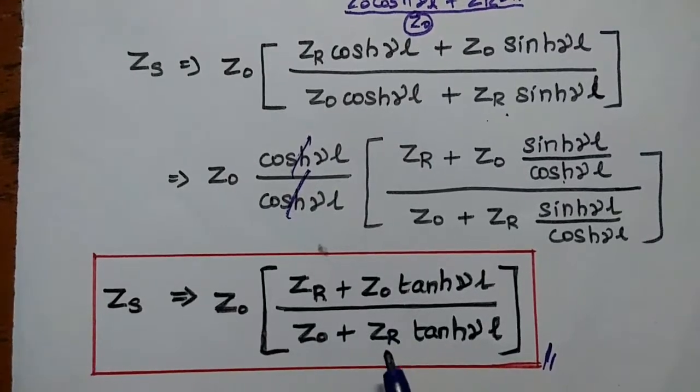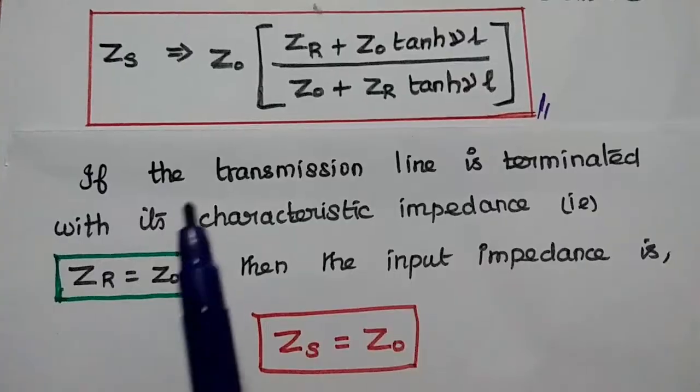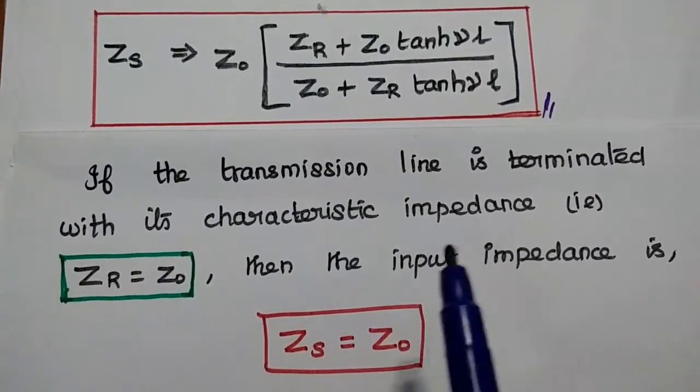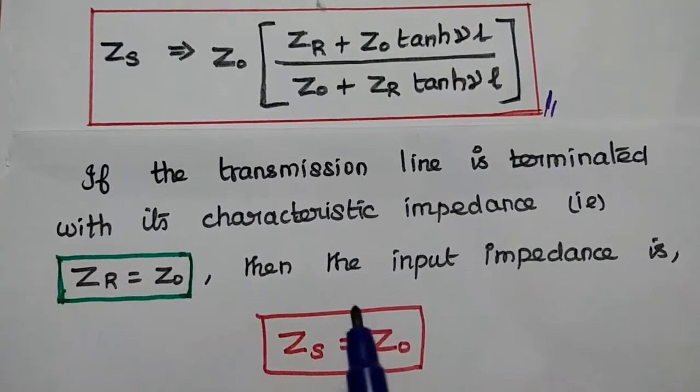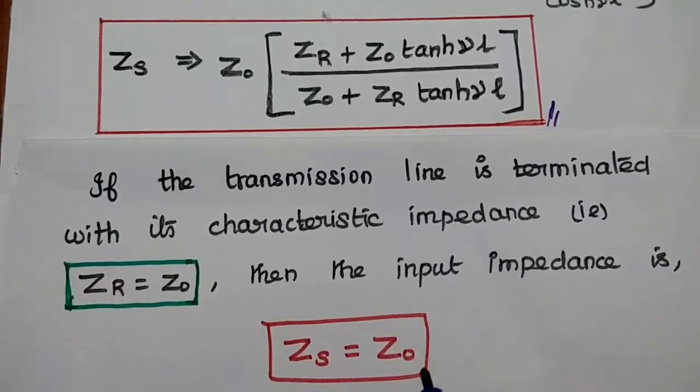So this is a very important formula. If the transmission line is terminated with its characteristic impedance, that is Zr is equal to Z0, then the input impedance becomes Zs is equal to Z0.